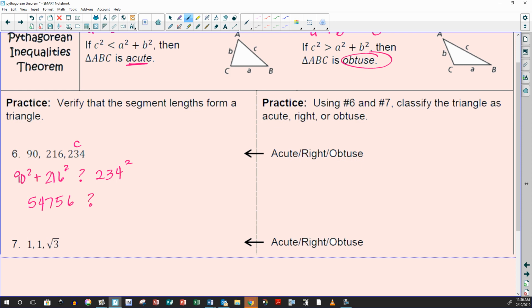And what is that compared to 234 squared? 54,756. So these are equal. So this is a right triangle. And it is a Pythagorean triple. Why is it a Pythagorean triple? Because all three sides are whole numbers.